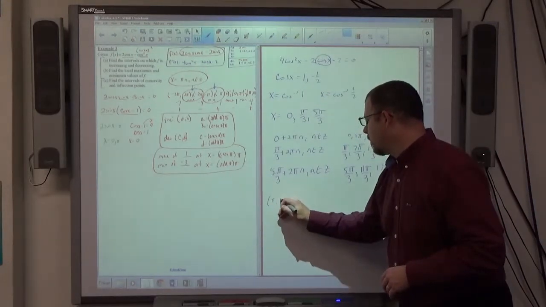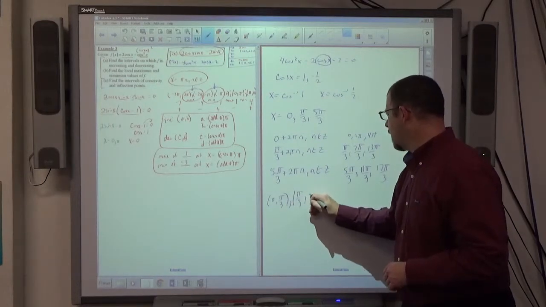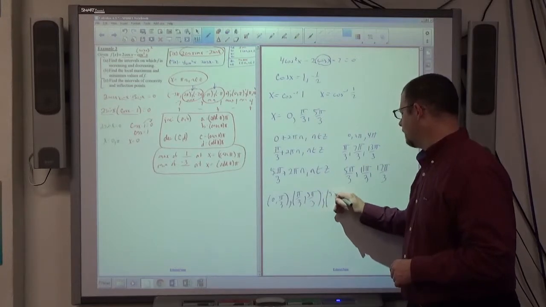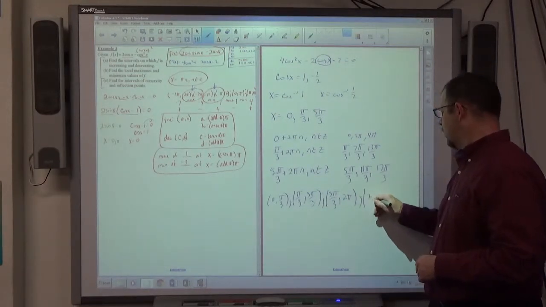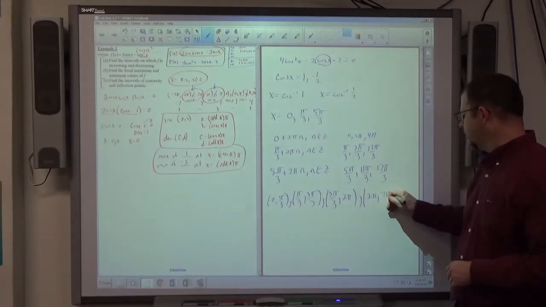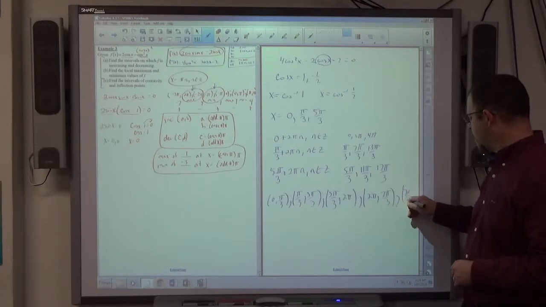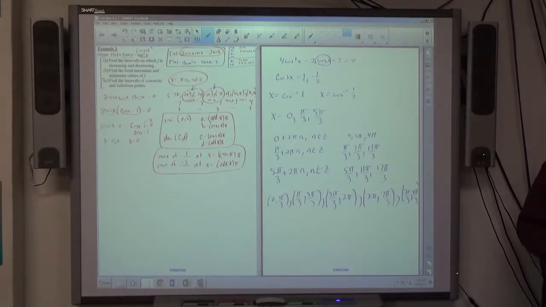So 0 to pi over 3, pi over 3 to 5 pi over 3, 5 pi over 3 to 2 pi, 2 pi up to 7 pi over 3, 7 pi over 3 up to 11 pi over 3, and so on. That's just established a little bit of the pattern here.